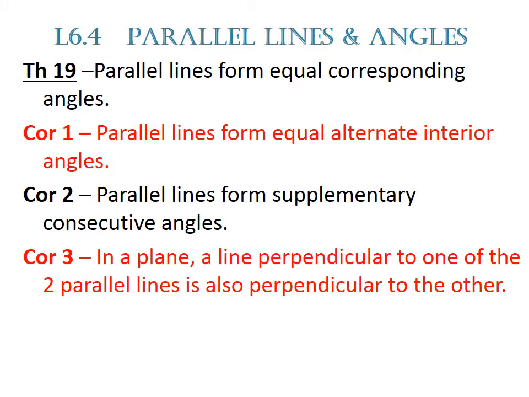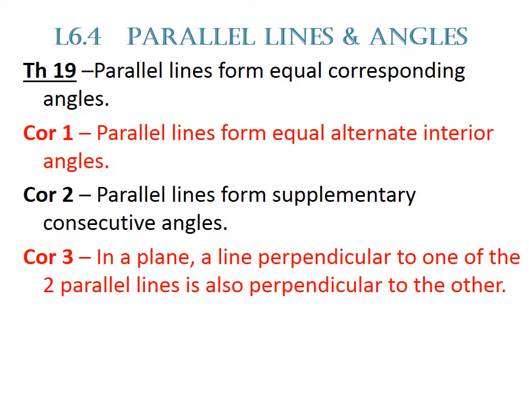There's usually some confusion with Theorem 19 versus Theorem 17. In Theorem 17, we don't know that the lines are parallel, and we're trying to prove that the lines are parallel by the new angle pairs that we have. In Theorem 19, the lines are already parallel, and they are forming the new angle relationships that we just determined earlier in the chapter.